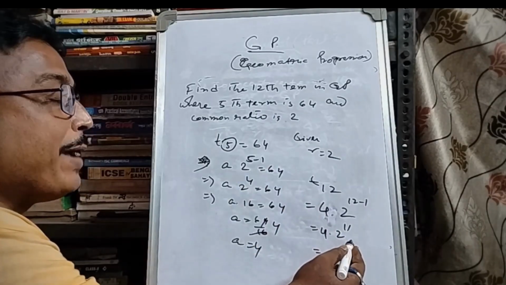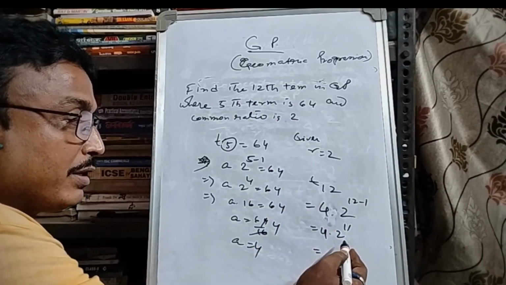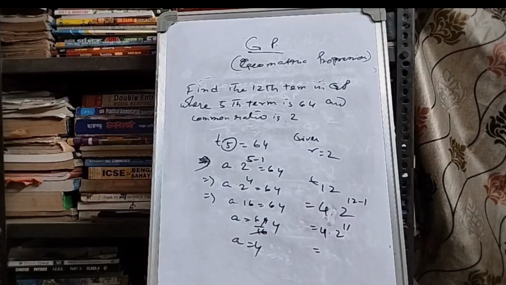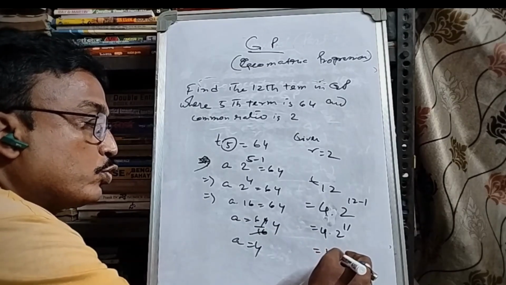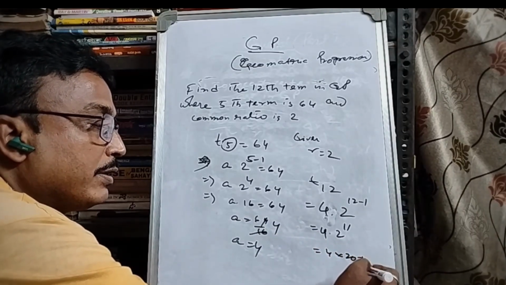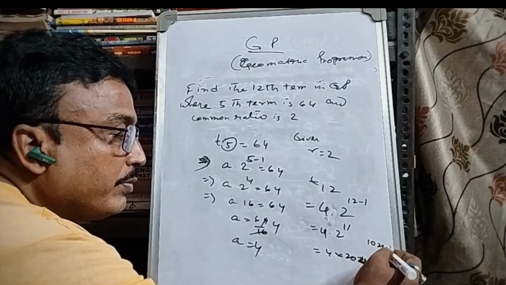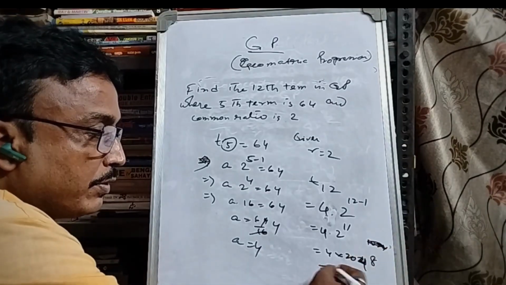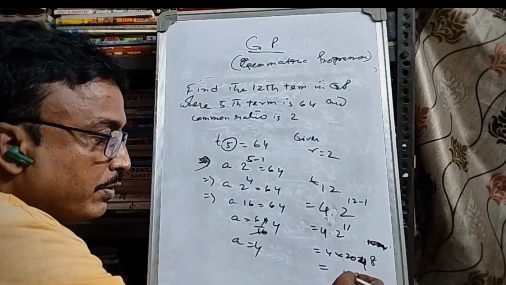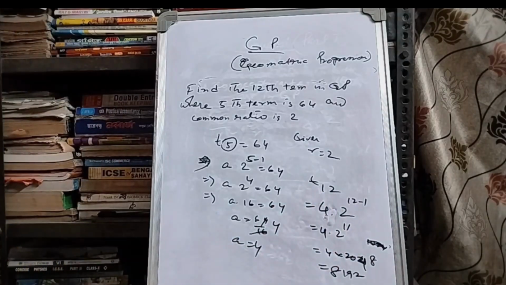You have to find out the value of 2 to the power 11. It will be 2048, because 2 to the power 10 is equal to 1024. And this is the answer.